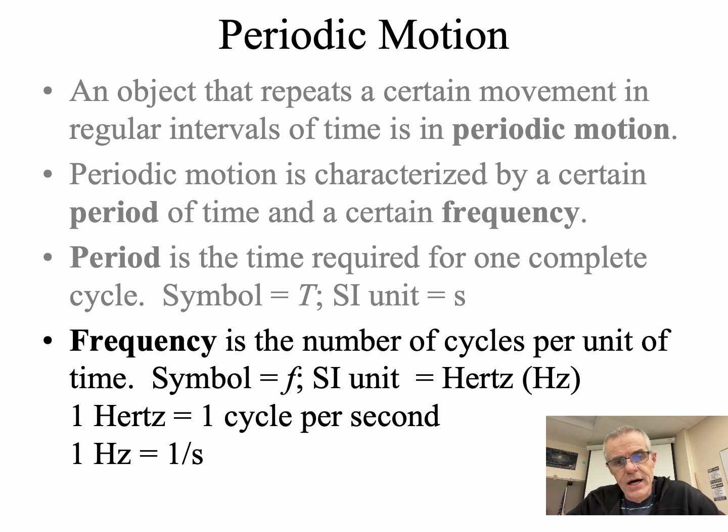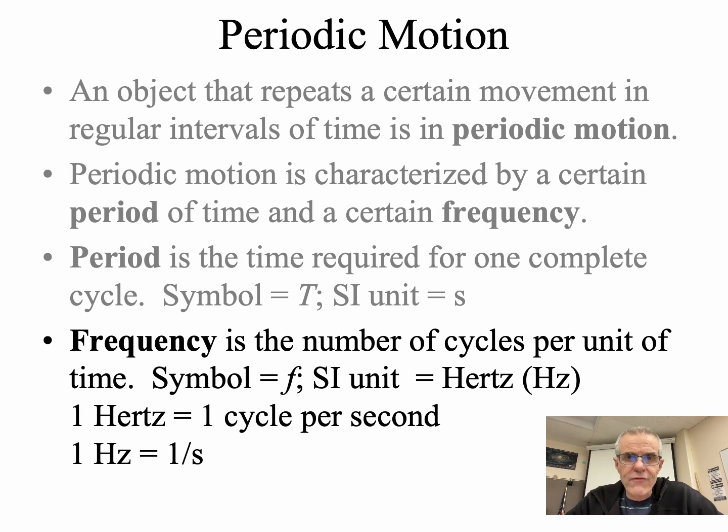But frequency is the number of cycles per unit time. The most common symbol would be just lowercase f for frequency. Sometimes you might see the Greek letter nu, but not typically in physics. So most often in physics we'll use f for frequency.